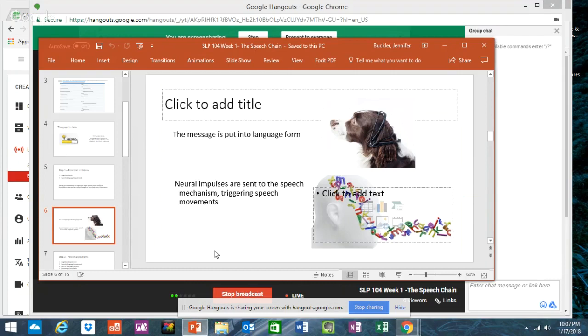All of these have to work in very rapid succession in order to make the sounds that make up the message that has been translated into language.